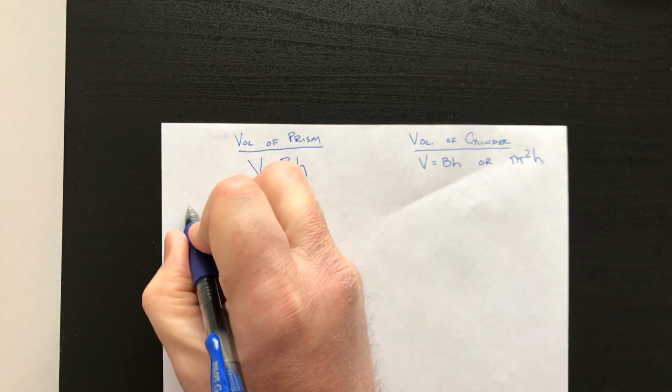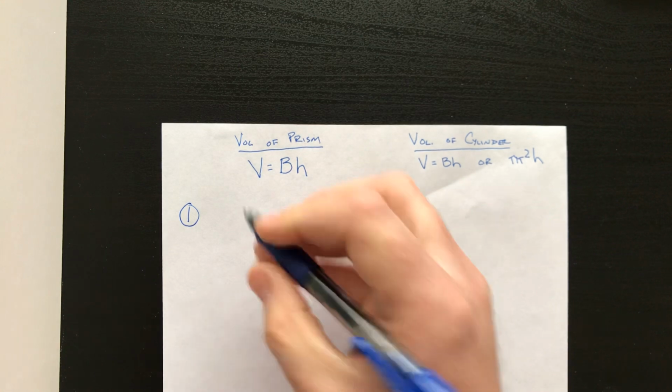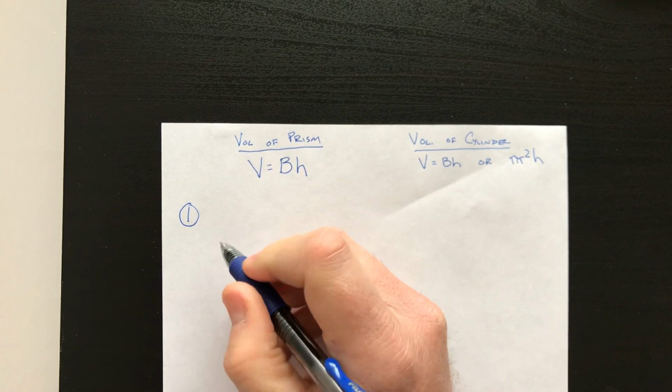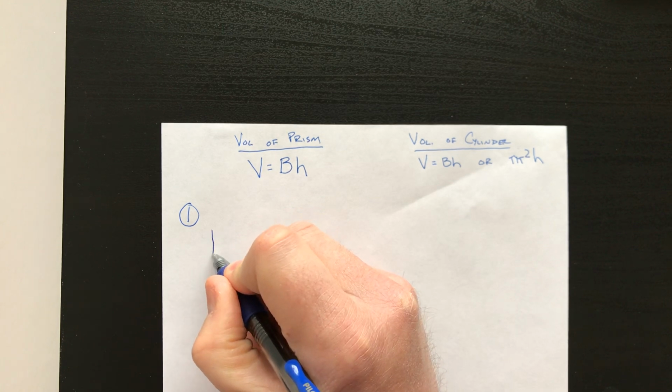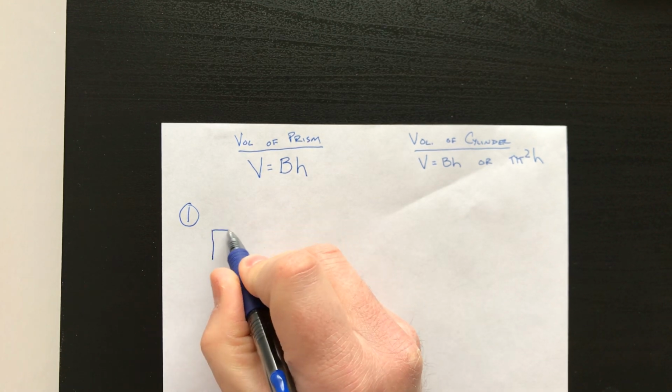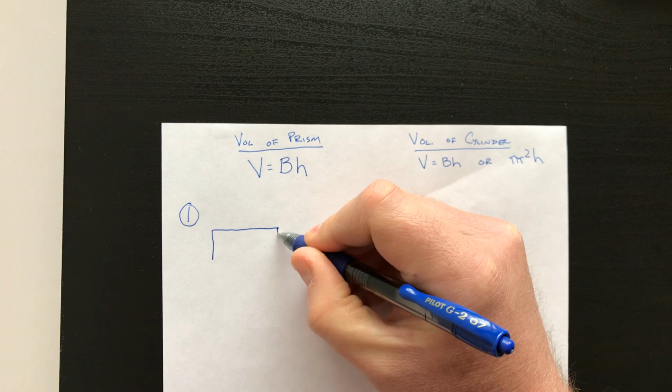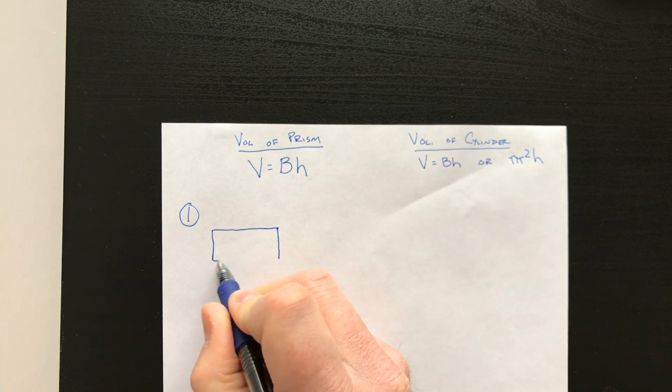And the first problem is a rectangular prism, all right, because our base is a rectangle. So I'm going to attempt to draw this kind of like how they do in the book.